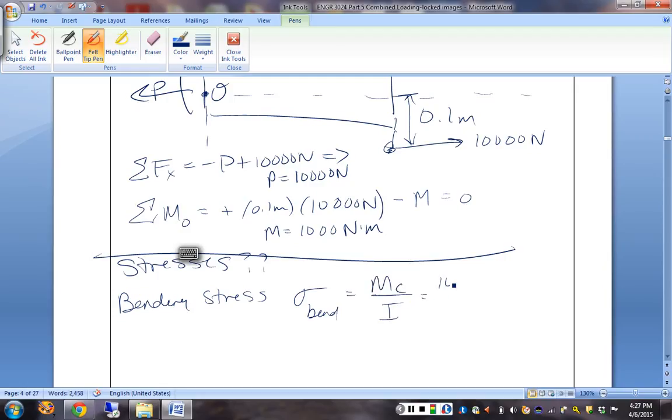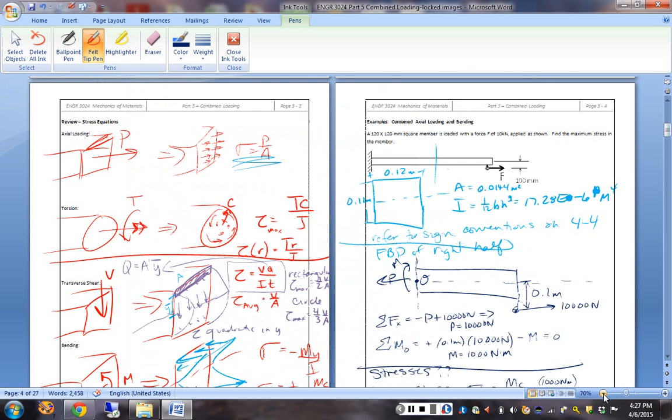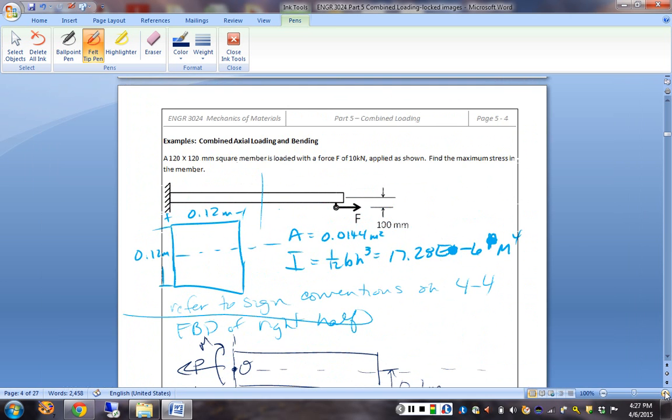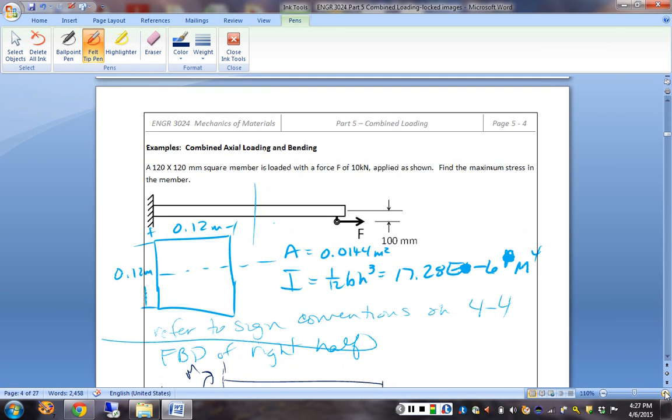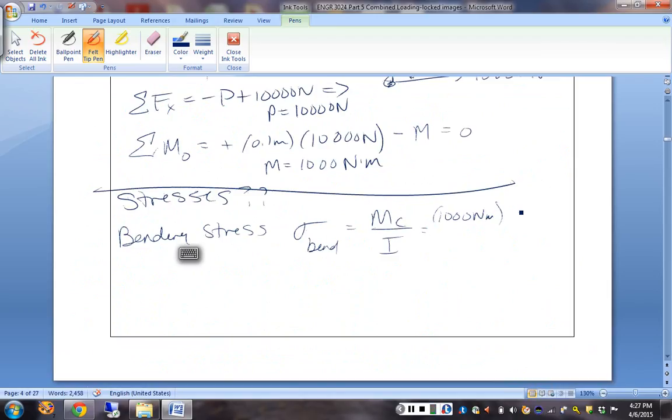We just figured out that M is 1,000 Newton meters. What's my c? So yeah, the side is 0.12 meters, so therefore my distance to the neutral axis has to be 0.06.